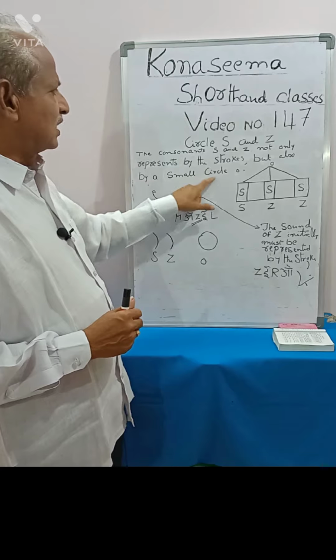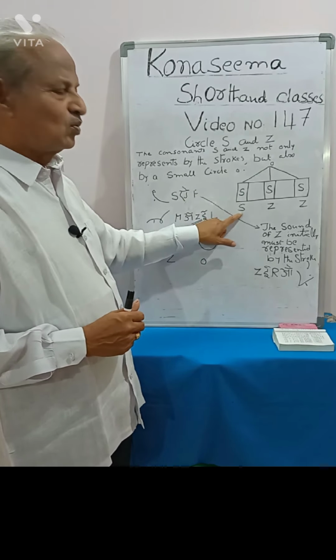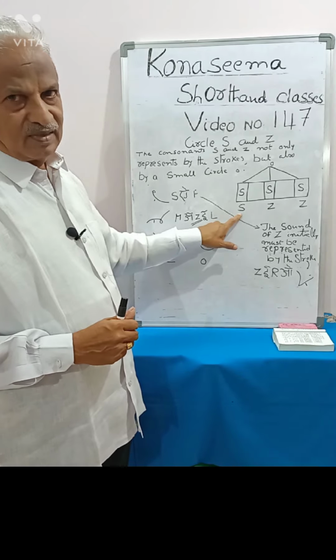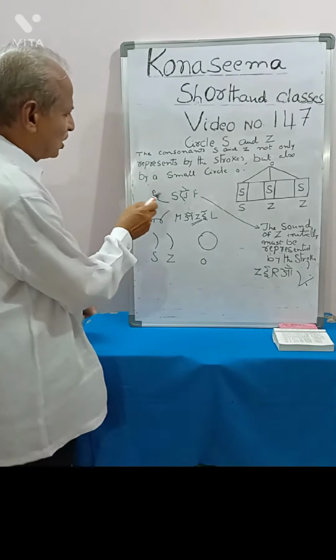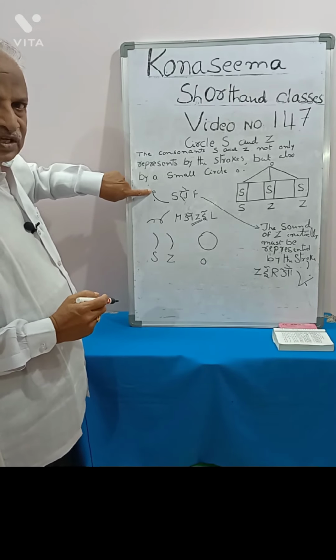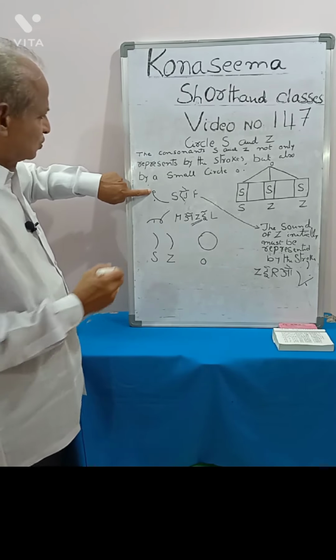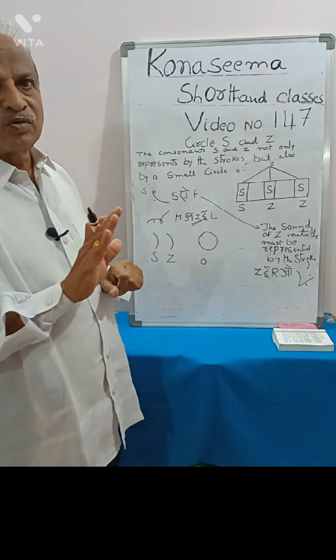Initially, the circle S represents the sound of S only. If the circle S comes initially, the sound should be S only. Z will not come.